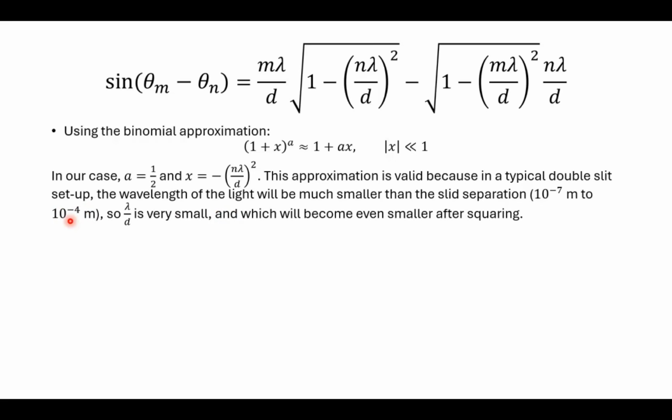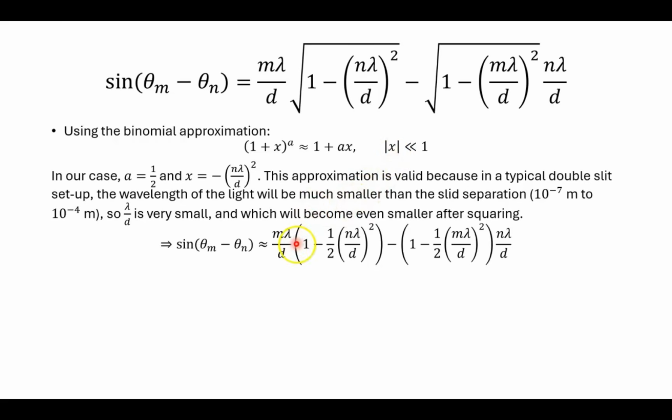So it's in the magnitude of 10 to the power of -4 meters. So if you divide these two things, it will be like 1 over 1,000th. So it's very small. And it will become even smaller after squaring. It's like 1 over a million. So it's very small. You can safely use this approximation.